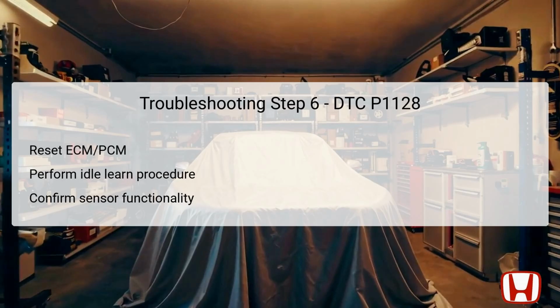This process helps the engine control unit adapt to any new sensor characteristics after installation. Once the learn procedure is completed, start the engine and hold it at 3000 RPM without load. This step allows the system to relearn air-fuel delivery parameters with the new component, which can significantly affect overall performance.